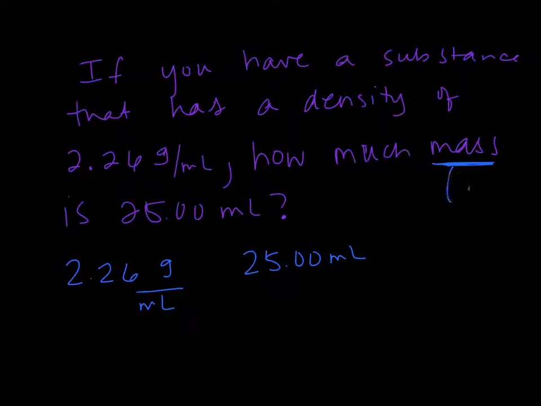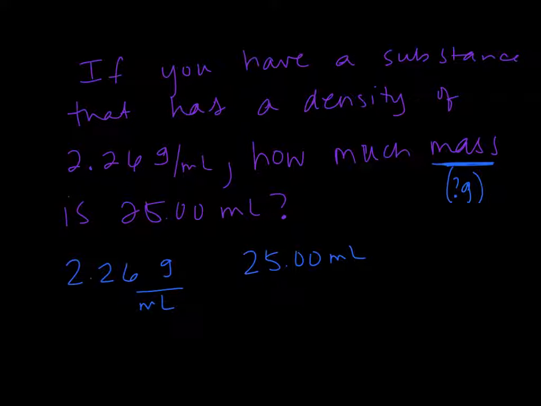So I'm looking for grams, right? I don't know how many grams this is. I'm looking for mass. So which one of these numbers am I going to start with? I'm going to start with the one that doesn't have a unit in the denominator. So this one has a unit in the denominator, but this one doesn't. So I'm going to start with this number.